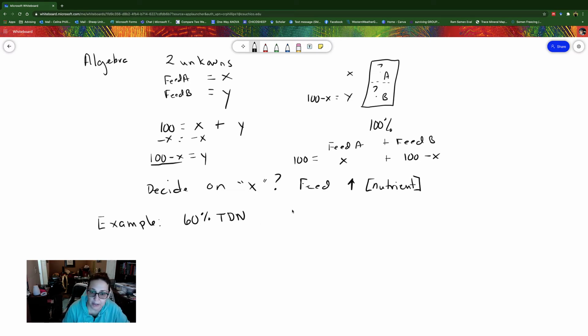We're going to use steam-rolled barley and cottonseed hulls. So those are the two feeds. I'm using a roughage, the cottonseed hull, and an energy feed, the barley, to balance this ration out.